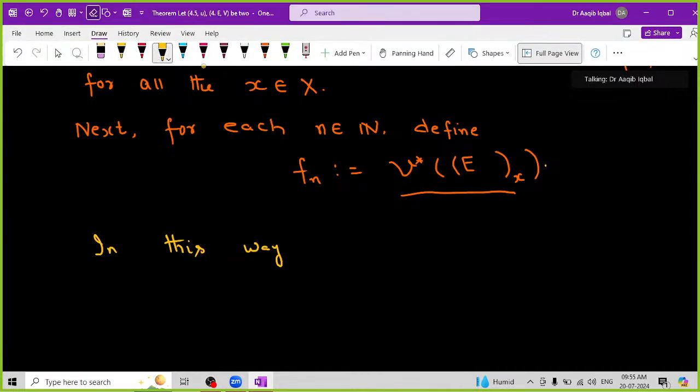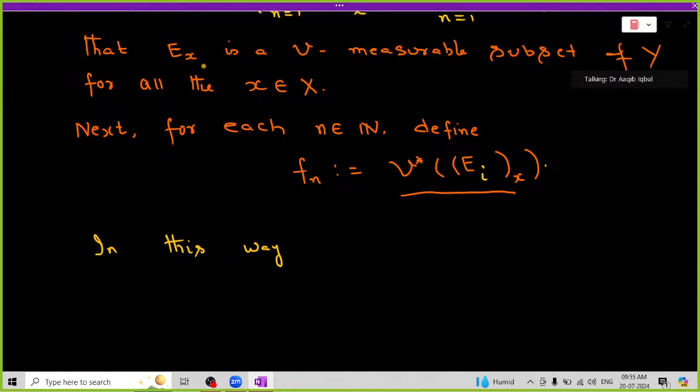So you define fn as summation, where I runs from 1 to n, of nu star of E sub I x. This is the summation here. Now, nu star of E sub I x is an integrable function by case 1. So this is a finite sum. I runs from 1 to n means finite sum. And a finite sum of integrable functions is an integrable function. So that means this sequence fn is a sequence of integrable functions. I am writing this.